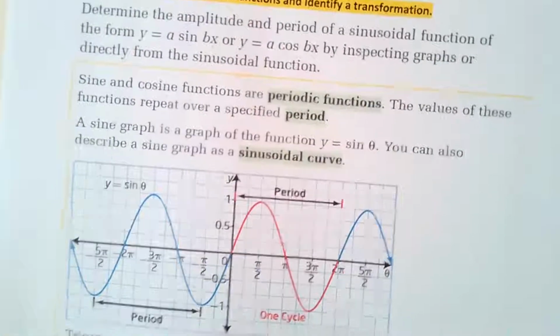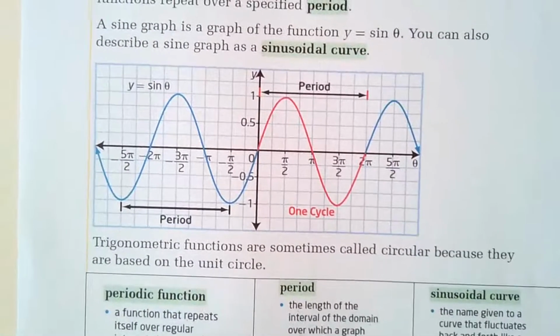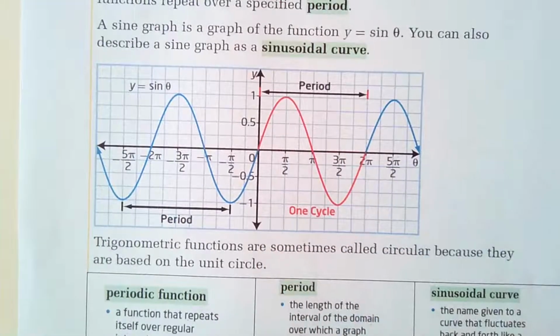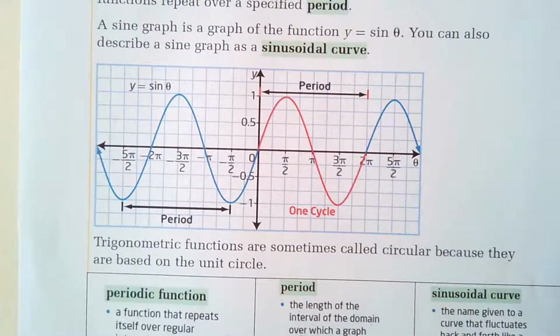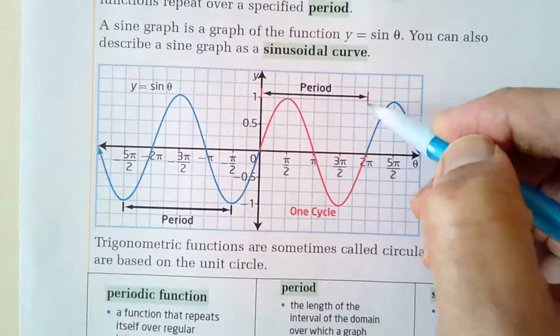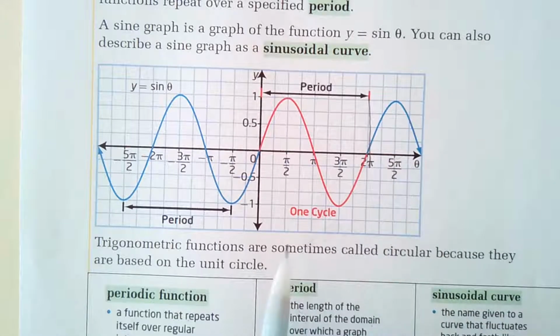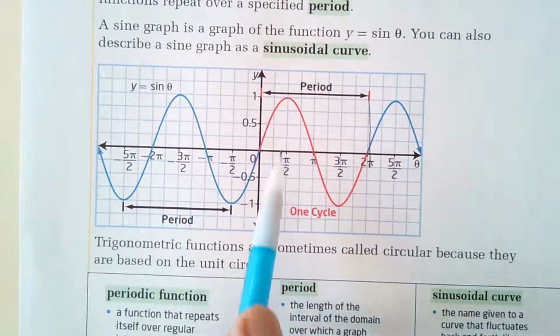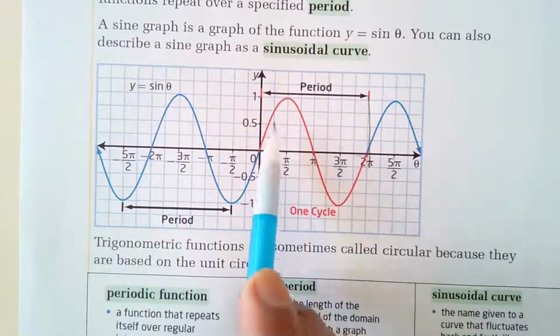So let's look at this. This is what we call a sine function, or a sinusoidal. It's periodic, it repeats itself. So the period is the distance on the x-axis of one cycle.